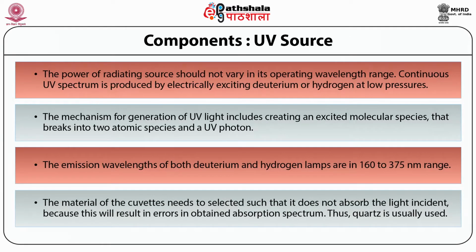So the material of the cuvettes needs to be selected such that it does not absorb the incident light, because this will result in errors in the obtained absorption spectrum. Thus, quartz is usually used.